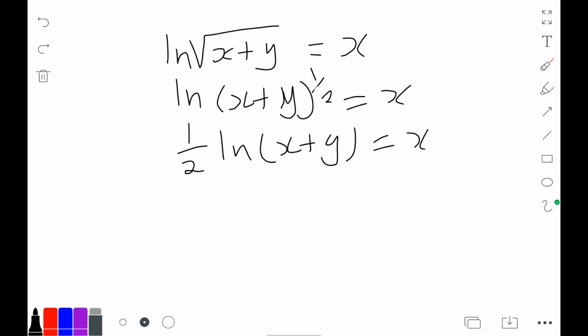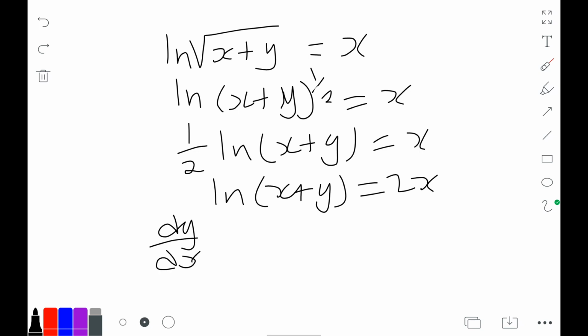Now I can multiply the whole equation by 2. We have ln of x plus y equals 2x. Then I can start working. I want to find dy over dx.